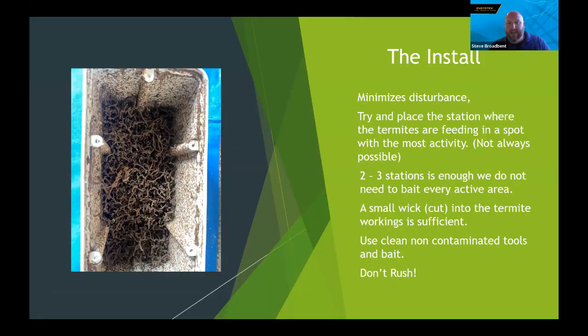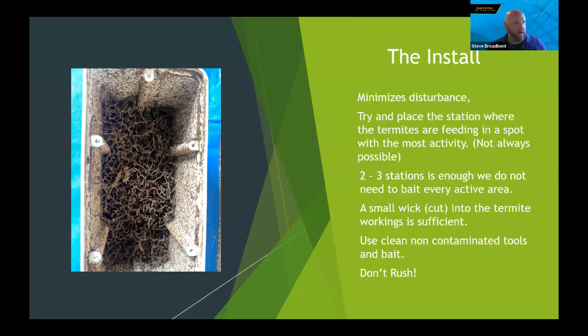All right, the second most crucial stage after the inspection is obviously the install. We want to be placing the stations or the above ground stations where the termites are feeding, so at the feeding front, if possible. It's not always available to us, but if it is, we want to be using that. We want to make a small wick into their workings with a nice, clean, sharp knife, minimal disturbance.